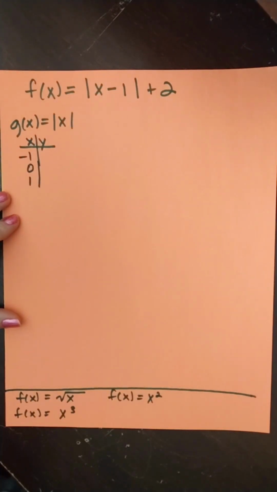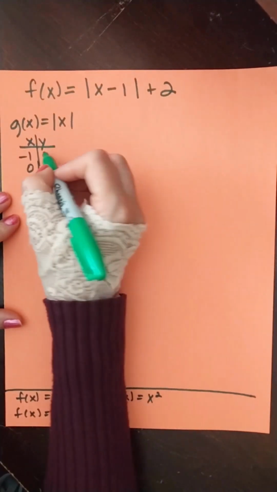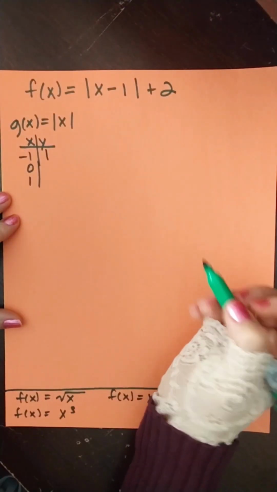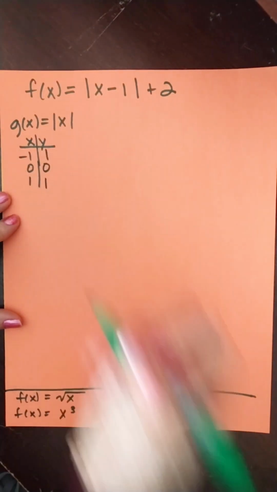In your textbook, they also have some key points to go with each, along with the shape of the graph. So if we take g of -1, that would be the absolute value of -1, which is 1, and g of 0 is the absolute value of 0, 0, and g of 1 is the absolute value of 1, which is 1.